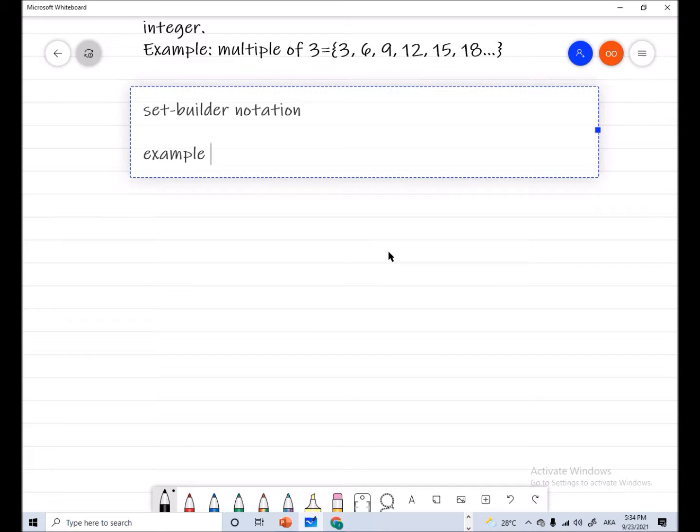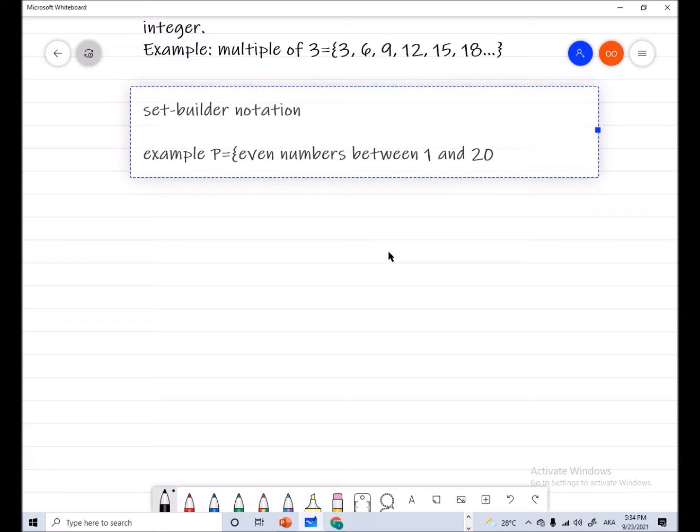We say that set P equals even numbers between 1 and 20.